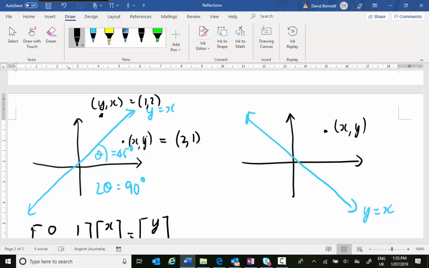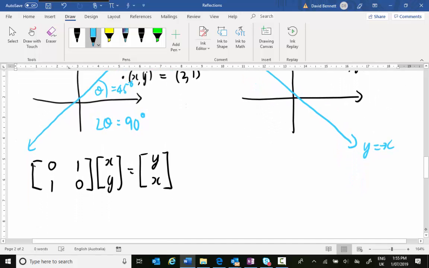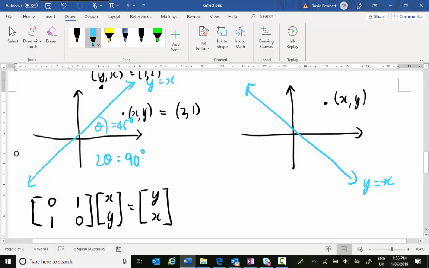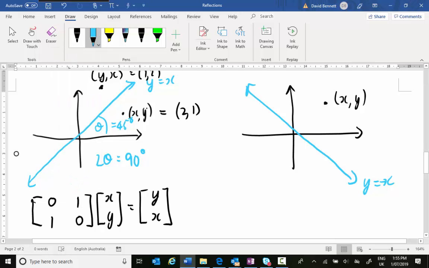So here we've got the final thing. Now what we're saying here is y is equal to minus x. Again, what's our angle that we're going across here? Well, that angle there is 45 degrees still, so this angle here is 135 degrees. That's what theta is equal to.